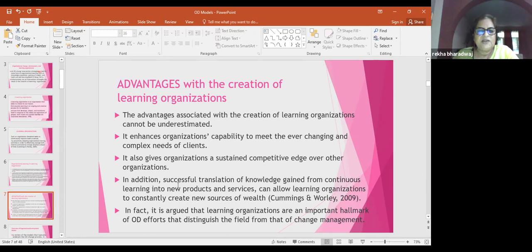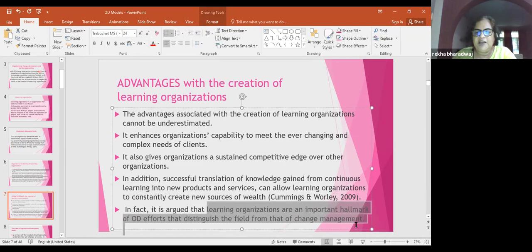In addition, successful translation of knowledge gained from continuous learning into new products and services can allow learning organizations to create a new source of wealth. In fact, it is argued that learning organizations are an important hallmark of OD efforts that distinguish the field from that of change management.